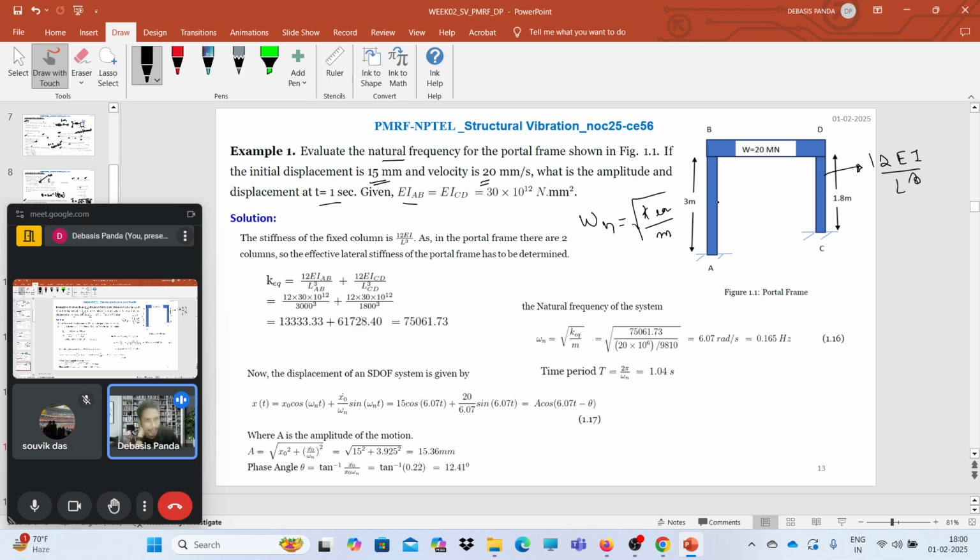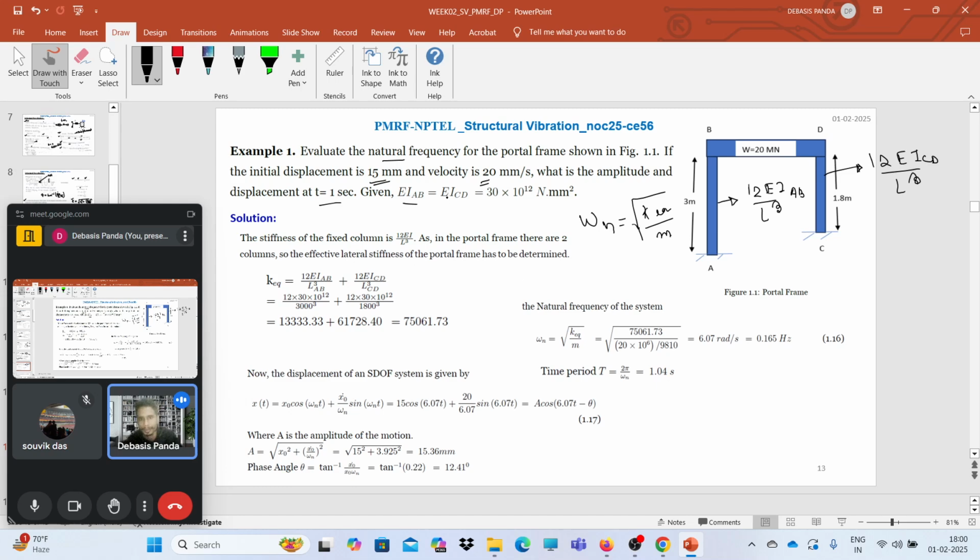For this column also, we will have 12 EI by L cube. Now we have two columns, so we need to sum them up. EI for AB and EI for CD is given; only the length is varying.